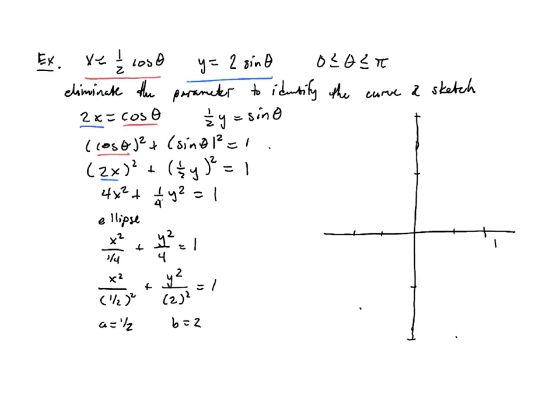So my box for my ellipse fits into this shape. And my ellipse, I'm not going to draw it in solid, I'm going to draw it dashed, and I'll explain why in just a second.